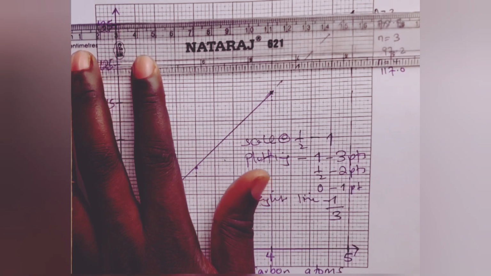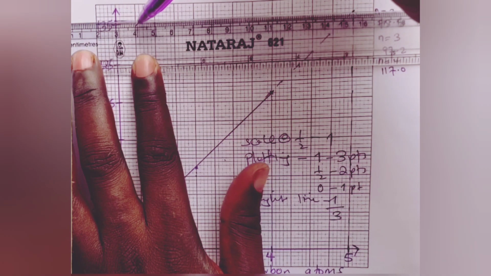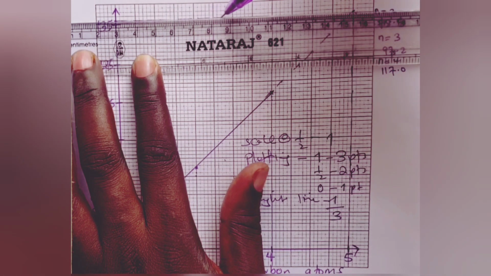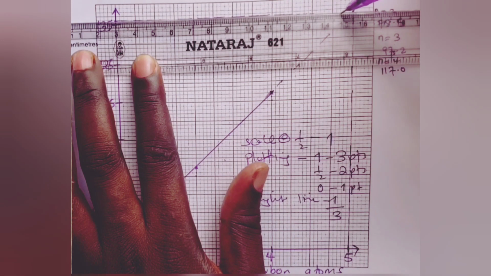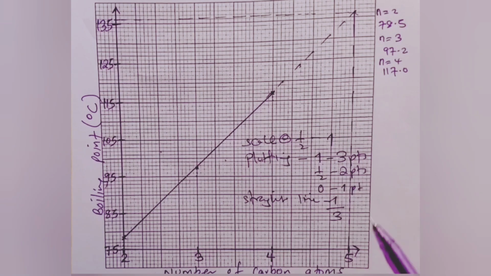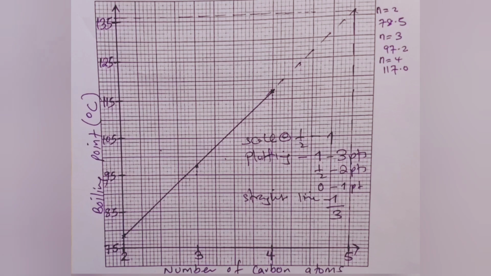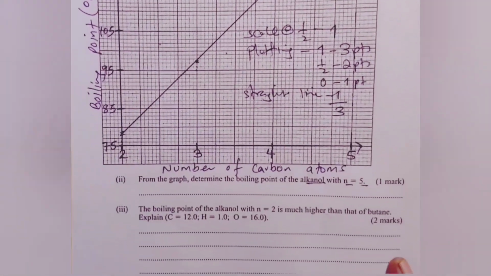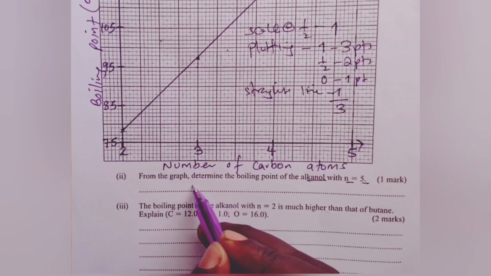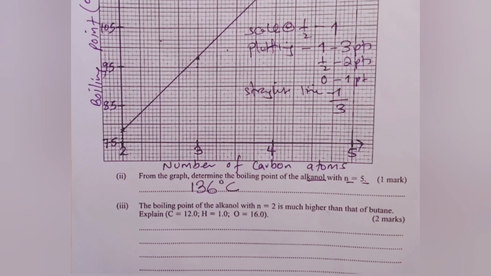Here we are showing evidence that we are using our graph. We can see that when n is 5, the boiling point is 136 degrees Celsius. So that would be the answer to our question, 136 degrees Celsius. But remember, we have to see evidence that we have used our graph.